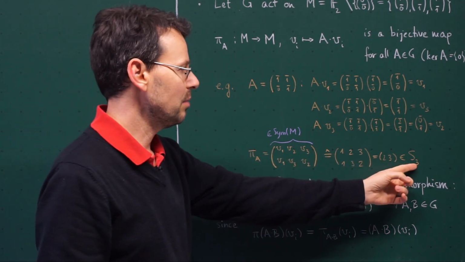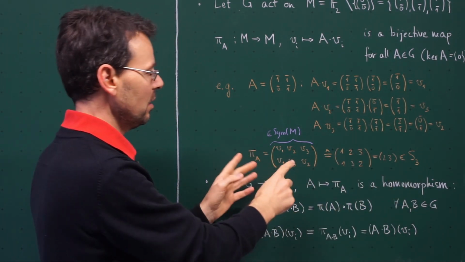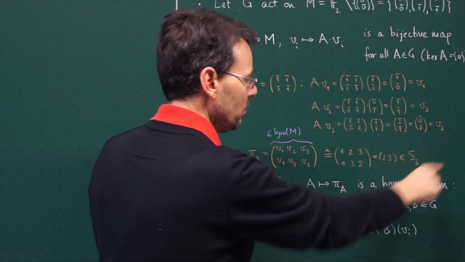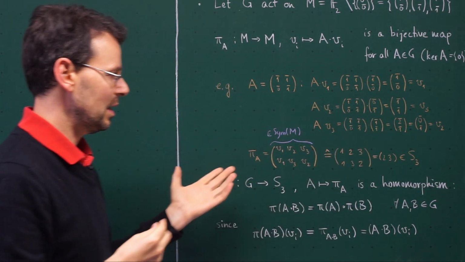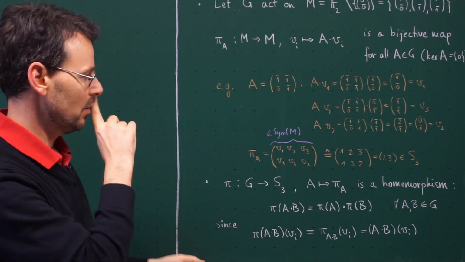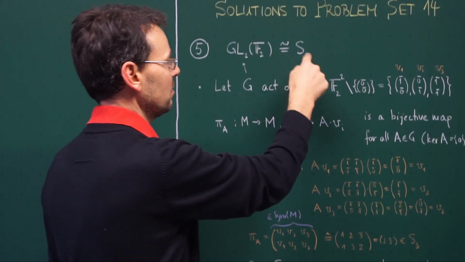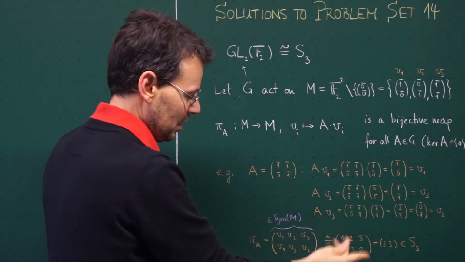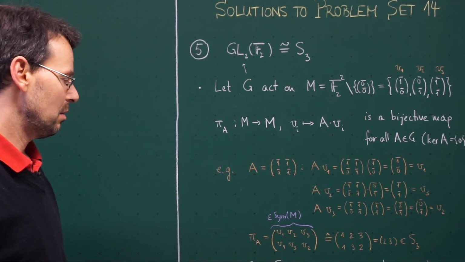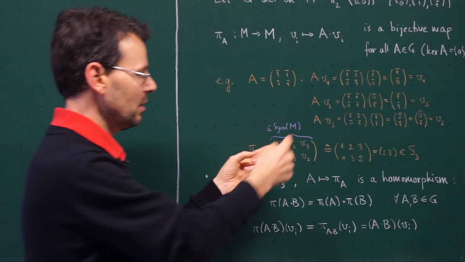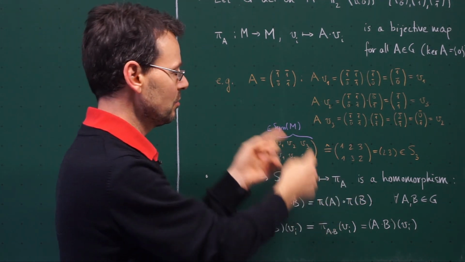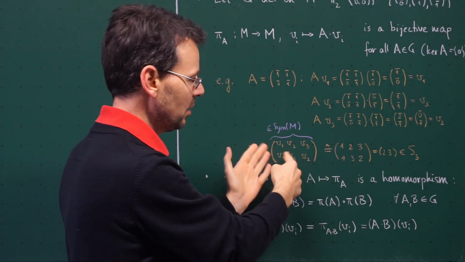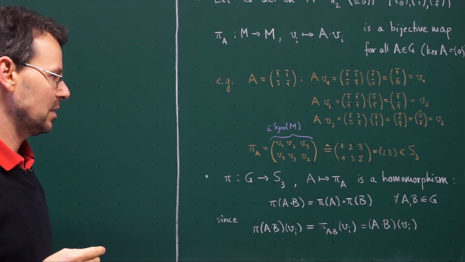This clearly is an element of S3, and from now on we simply do this identification without further talking about it. Because otherwise I must write here Sym M, but it is the same as S3. Well, actually, this here is an isomorphism of Sym M to S3 simply by relabeling the elements. There is not much to check.